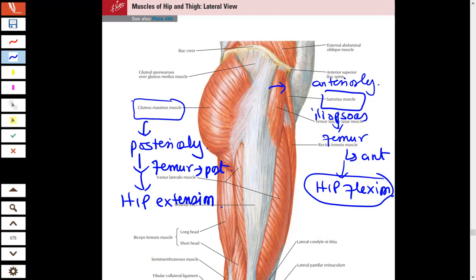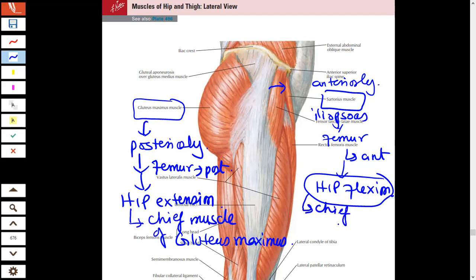Okay. Now see here. Gluteus maximus. Please remember very important point. It is the chief muscle of your hip extension. Chief muscle of hip extension, your answer is gluteus maximus. The chief muscle of your hip flexion, it is your iliopsoas muscle. Clear to everyone? Now see here. In hip extension, these muscles are present, ये वाले, नीचे वाले.